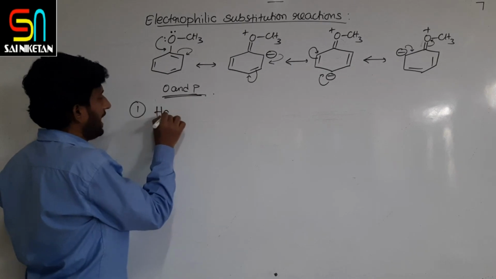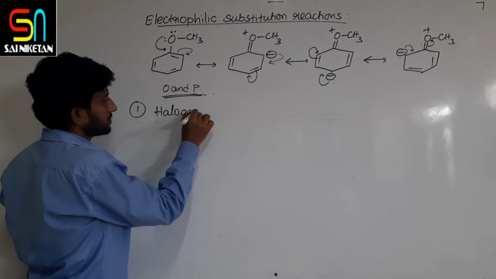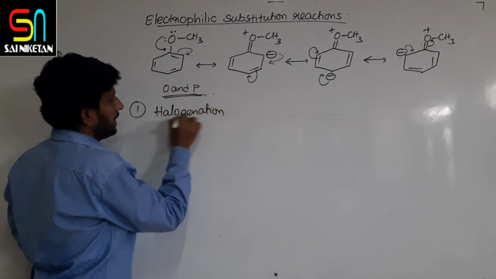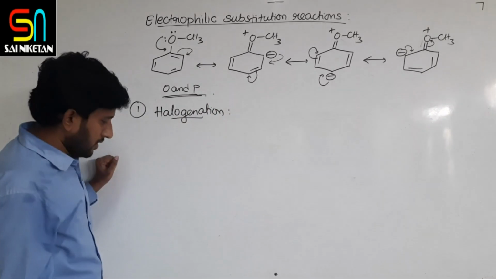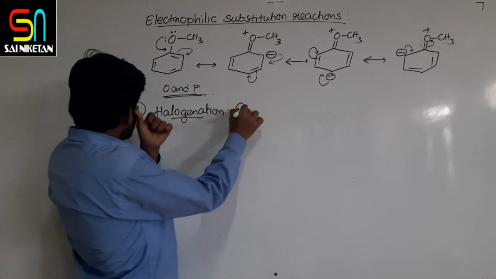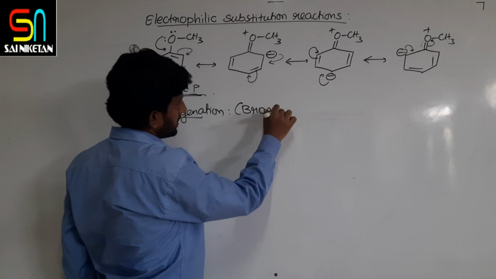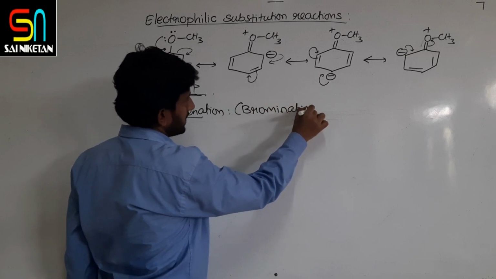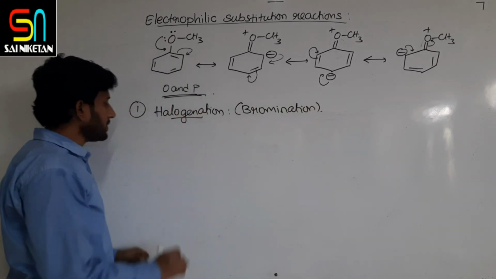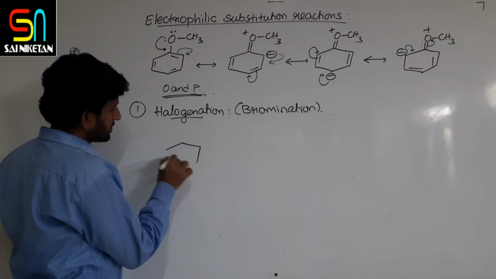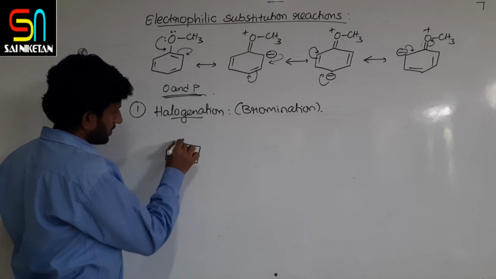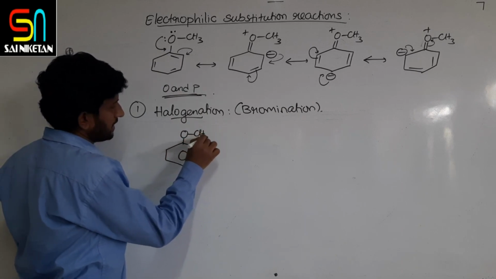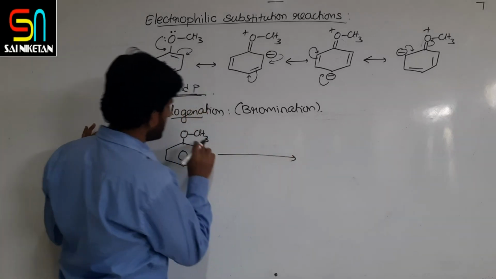First one, halogenation. Now let us take the bromination example. Now if anisole is made to react with bromine, basically the alkoxy is an electron releasing group.